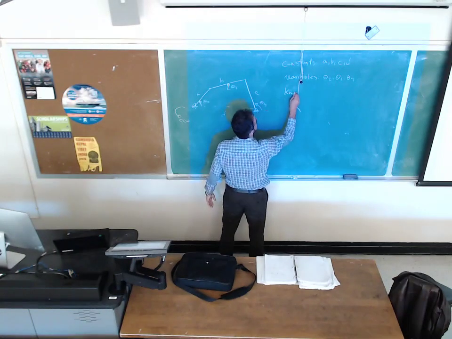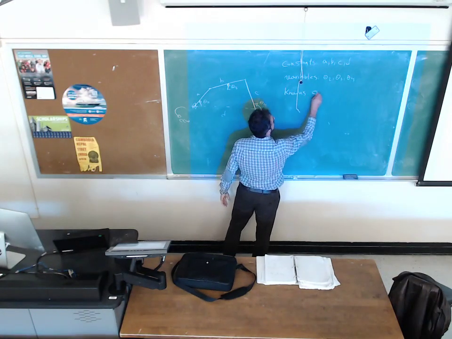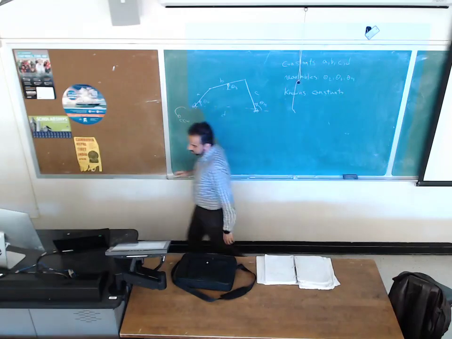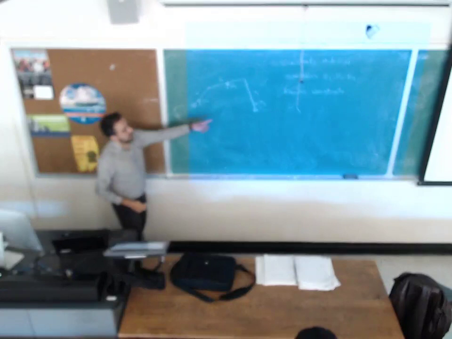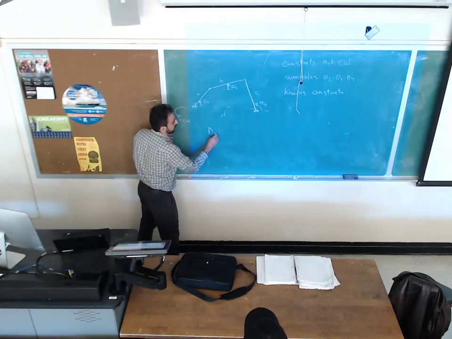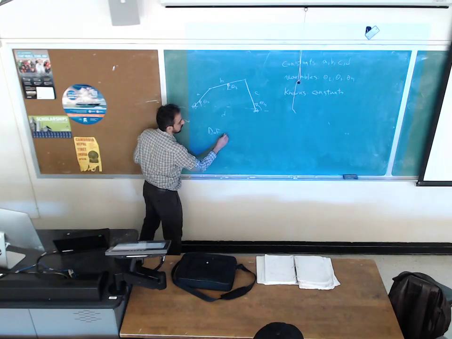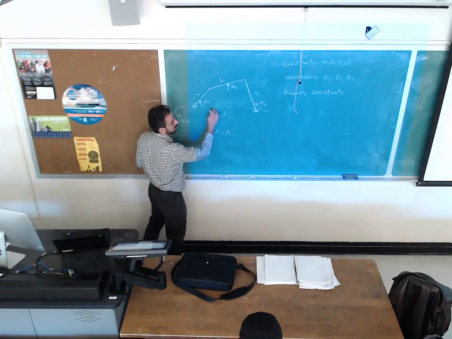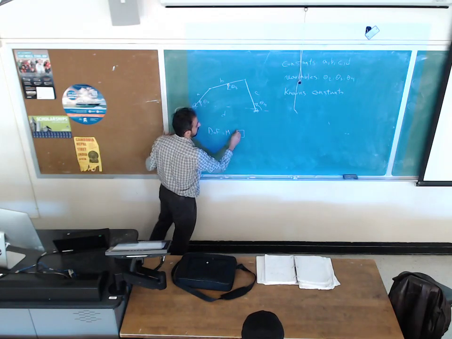Knowns: it's always constant. You look at the degree of freedom for the mechanism, M or DOF, and find the degree of freedom. In this case, it's going to be 1 degree of freedom.